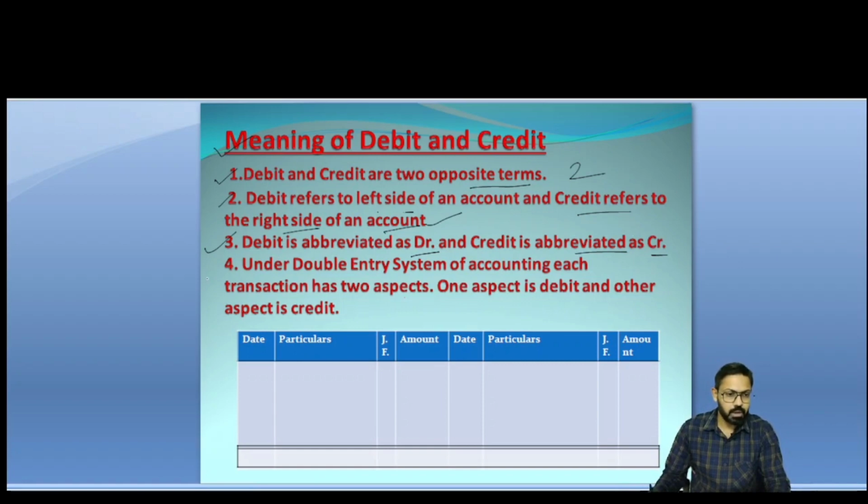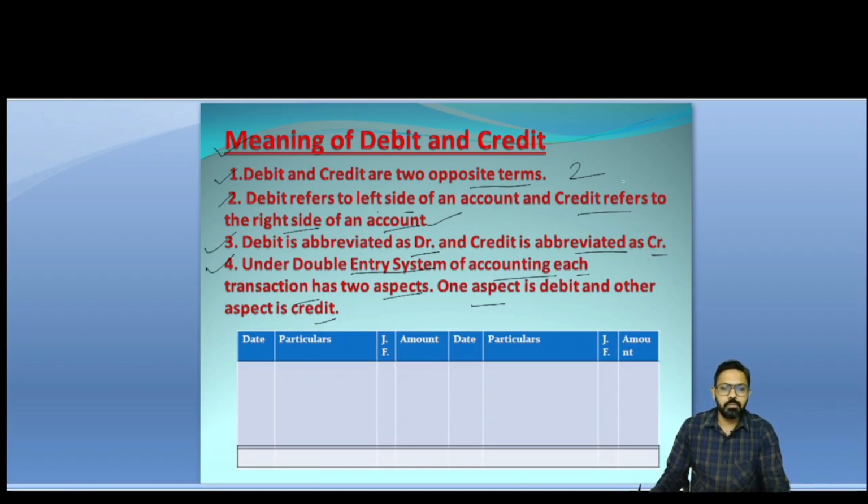Now the fourth point is that under the double entry system of accounting, each transaction has two aspects. One is debit, the other is credit. Very simple. So the double entry system says transactions have two sides. What is the meaning of transactions?